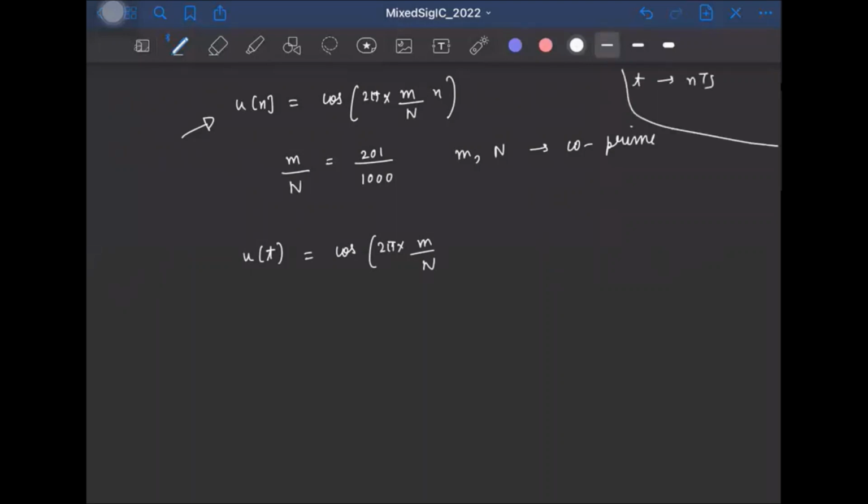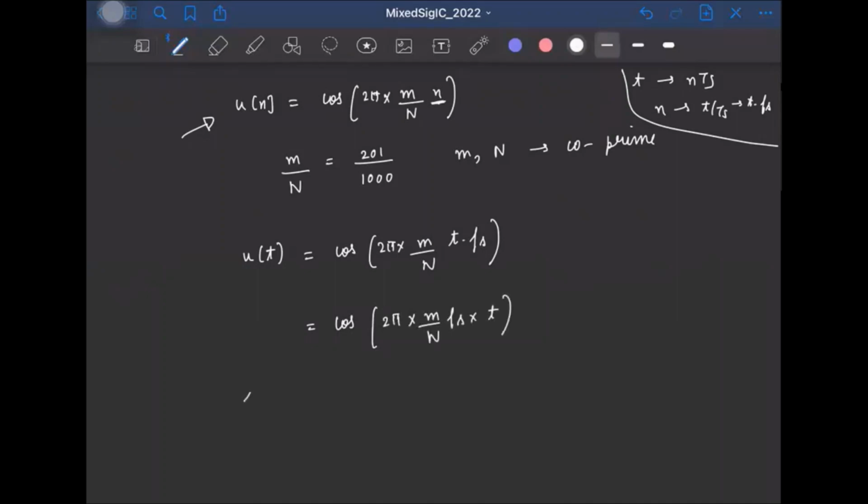Now to do the inverse, we replace n by t by Ts, that is t times fs. So we replace this n here by t times fs. So this simplifies to cos 2 pi times m by n times fs times t.